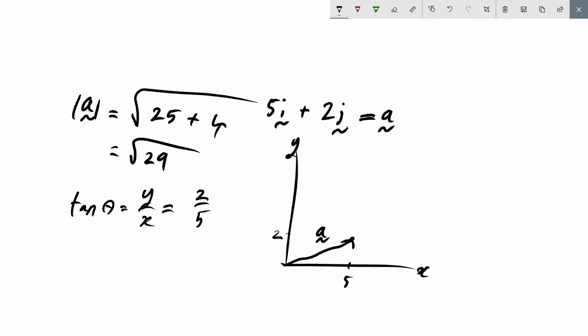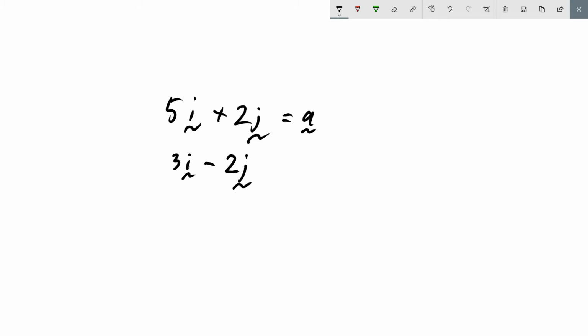2/5. Now with this unit vector notation here, I can actually add 2 vectors together. If I have 5i plus 2j, and that's my A vector, and I want to add it to 3i minus 2j, and that's my B vector.